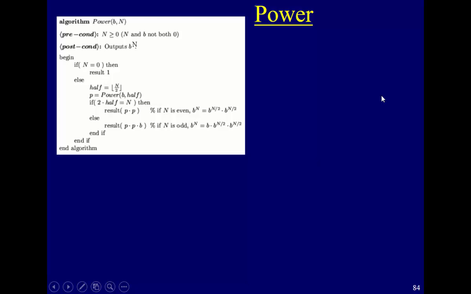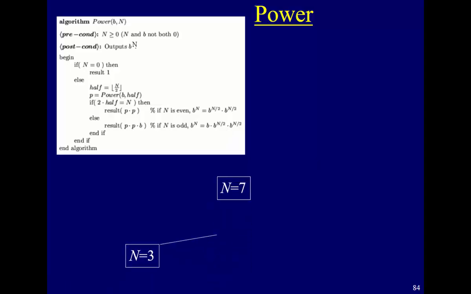So instead, we're only going to call them once. We're going to divide by 2 and round down, and recurse once. And then if it's even, we just have to square the value, and if it's odd, we have to bring in an extra b. Let me show you what's happening.